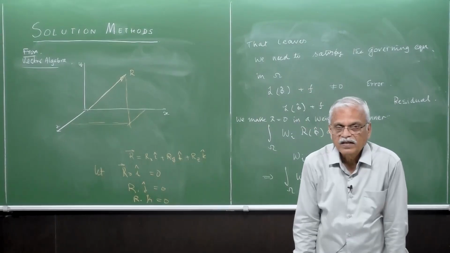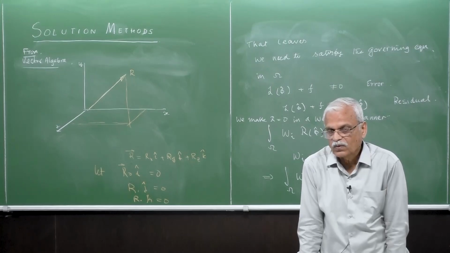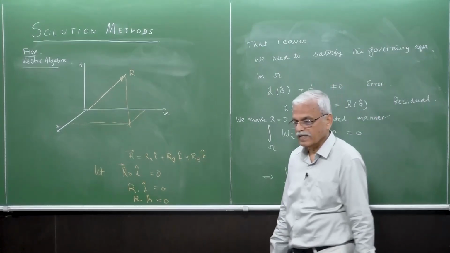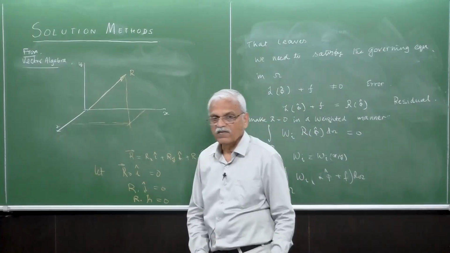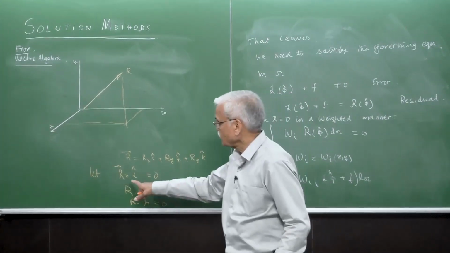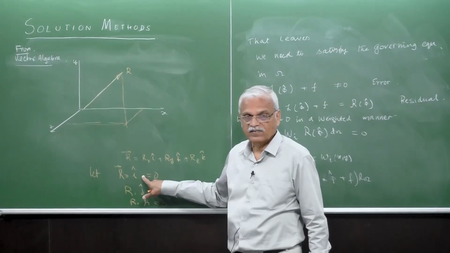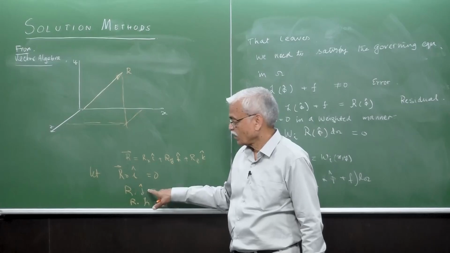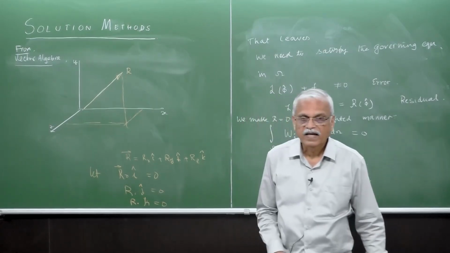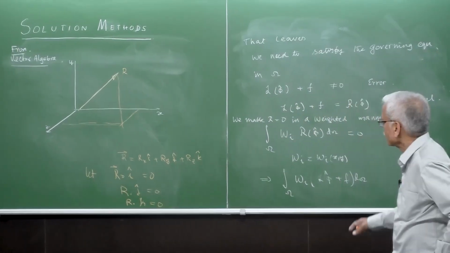So if its dot product along the x-axis, y-axis and z-axis is 0, then it has to be identically 0. This is as far as finite dimensional algebra is concerned. In fact, this is called a projection of R along the x-axis, the projection of R along the y-axis, and the projection of R along the z-axis. That is exactly what we are saying here.